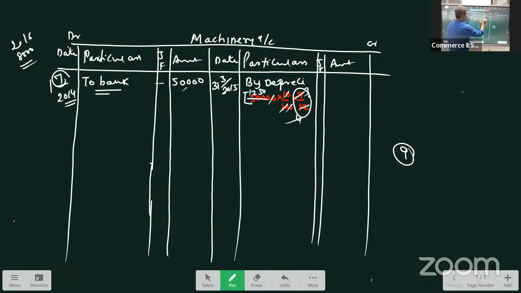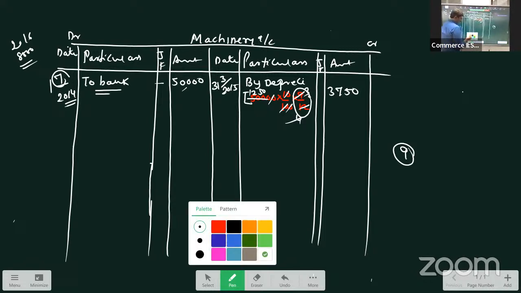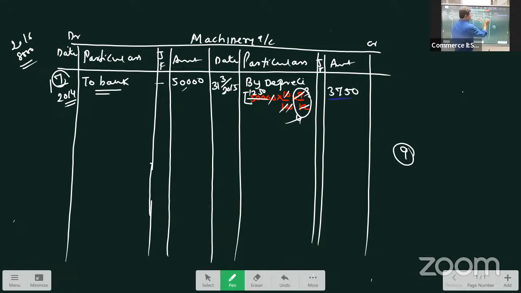So it would be 3,750. Right? How did I arrive at this figure? It is 50,000 into 10 by 100 into 9 by 12. 9 by 12 because from July to March.